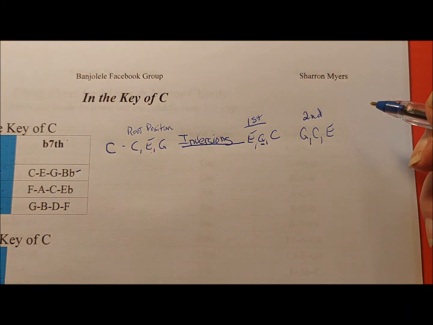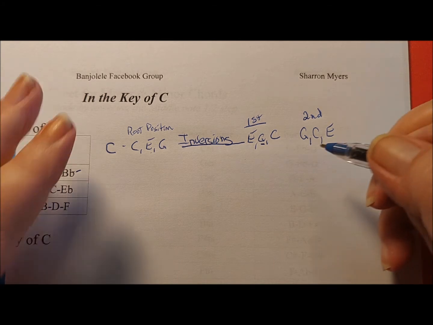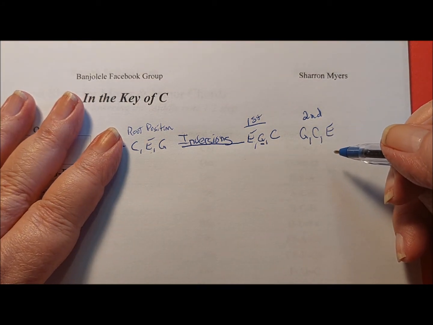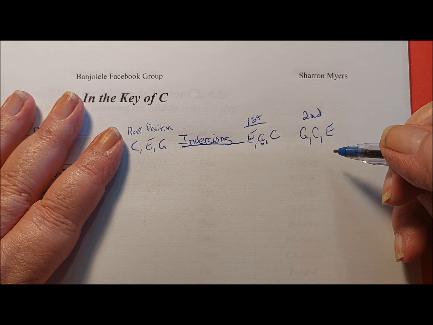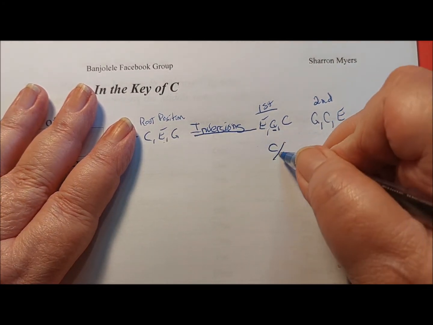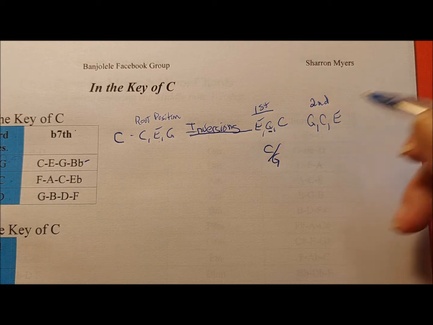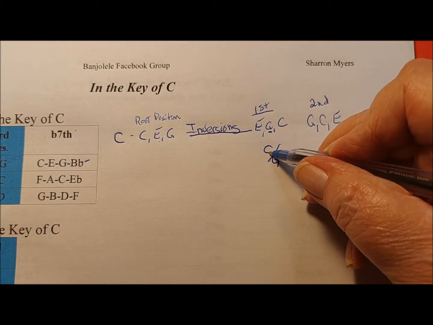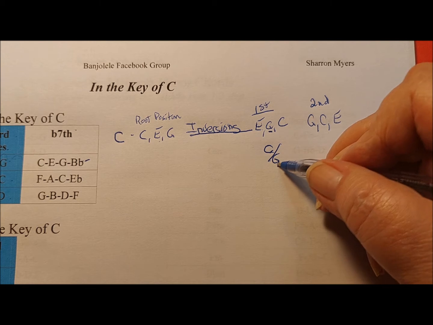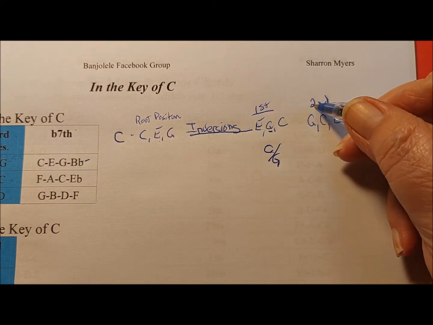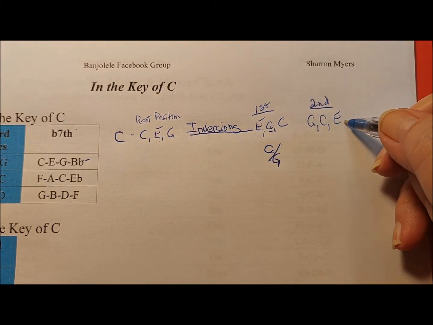That's why sometimes you'll see something like C over G, and you say, what the heck is that? That chord means it's a C chord, but they want you to play it over the G bass. So you'd be doing the 2nd inversion, G, C, E.